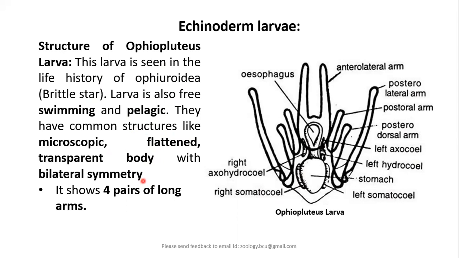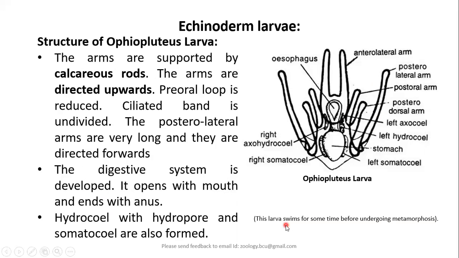All these characters are common to all the echinoderm larvae. But apart from that, they have 4 pairs of long arms. So what are these arms? They have anterolateral arms, posterolateral arms, postoral arms, and also posterodorsal arms. And all these 4 pairs of arms are supported by calcareous rods.